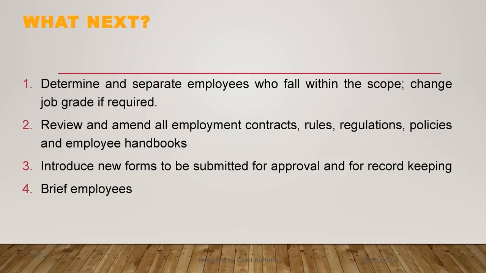Put a form in place so that they can apply through the form, and then you can keep track that within 60 days we are replying to them. All these records, let's say there's a complaint to the labor department, you need to go to the labor department and show the labor officer, this is what we have done. You have all the proof in black and white, very important.